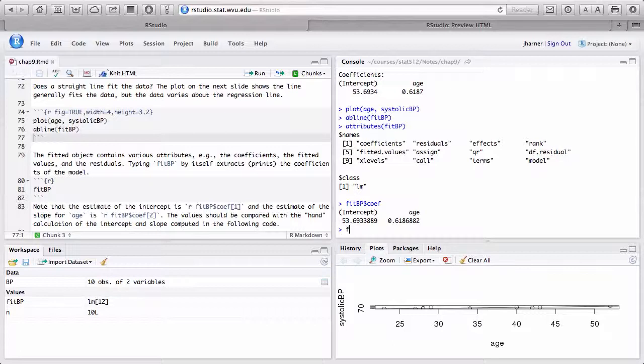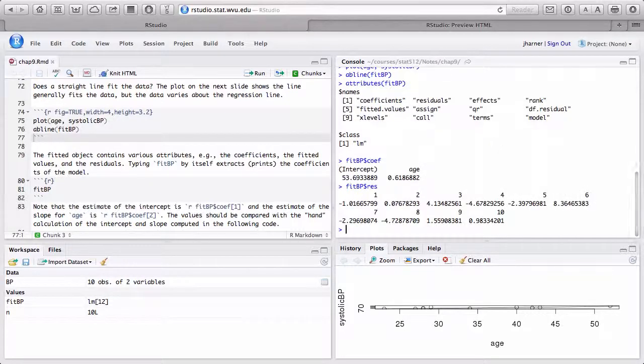So I could take fit BP and extract anything I want. I could extract the residuals, and those are the residuals. Later on, we're going to plot the residuals. The $ sign is an extraction operator, and notice that I don't need to write coefficients out as long as it uniquely matches. So I can have partial matching. When I did fit BP $coef, I didn't need to write coefficients out completely.